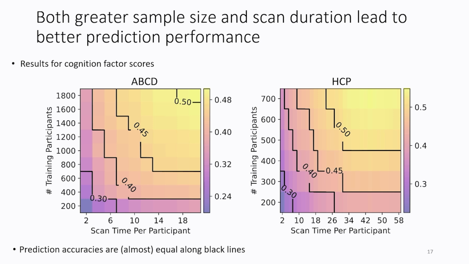We can see that for both datasets, there are many different ways to get a specific prediction accuracy. If I want a prediction accuracy of 0.4 correlation, for example, I can do it with 2 minutes and 1,800 subjects, or 18 minutes and 400 subjects, for example. So this still doesn't give us an indication of what is more important. Let's try to look at this in a different way.